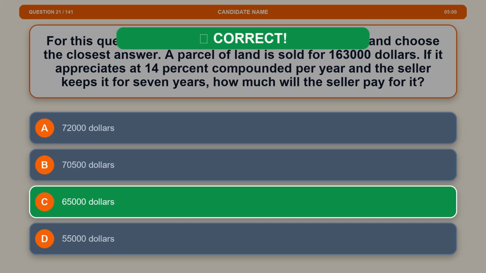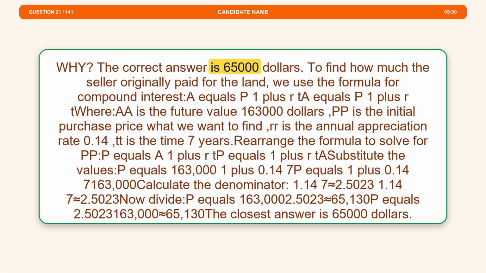The correct answer is option C, $65,000. We need to find how much was originally paid for the land. We use the compound interest formula, FV equals P times (1 plus r) to the t, where FV is the future value, $163,000, P is the initial purchase price, r is the annual rate, 0.14, and t is the time, 7 years. Rearranging to solve for P, P equals FV divided by (1 plus r) to the t. Substituting the values, P equals 163,000 divided by 1.14 to the 7th. Calculating the denominator, 1.14 to the 7th is about 2.5023.